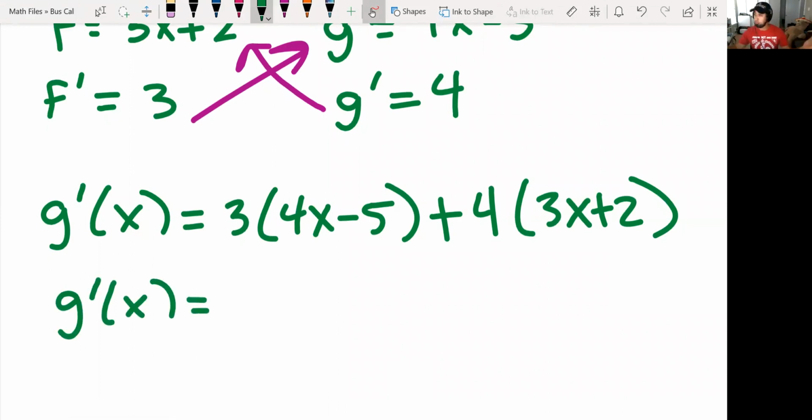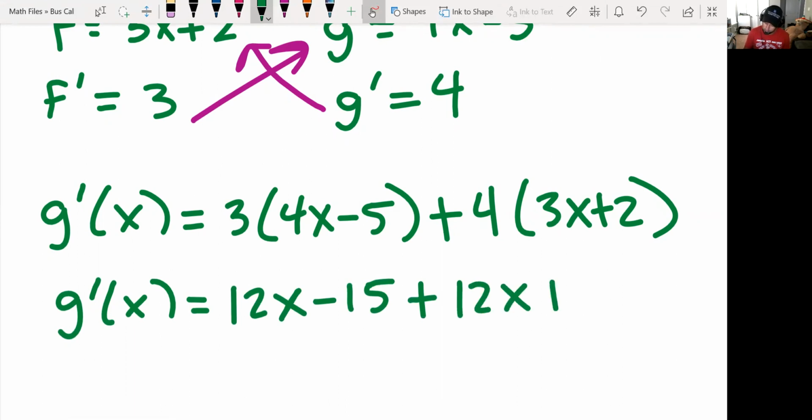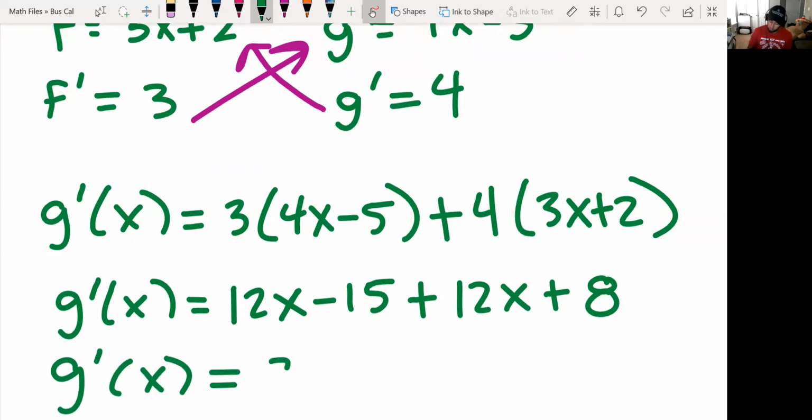Calculus is done. Rest is algebra. Distribute the 3, distribute the 4, simplify. 12x minus 15 plus 12x plus 8. 24x minus 7.